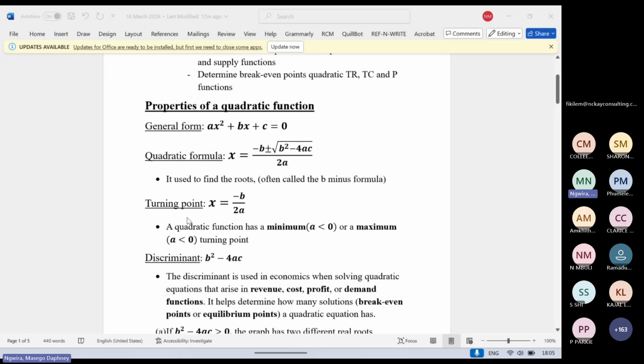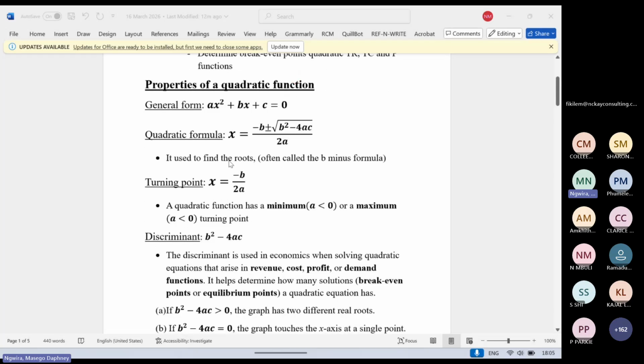And then we have another property, the turning point. When we want to find the turning point of this function, we look for the x value, which is x equals negative b over 2a. After that, you use the x to find the y value.